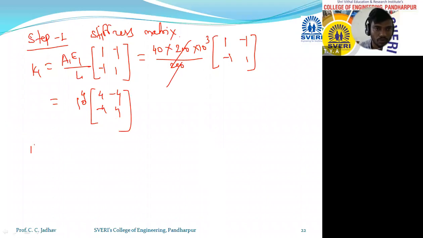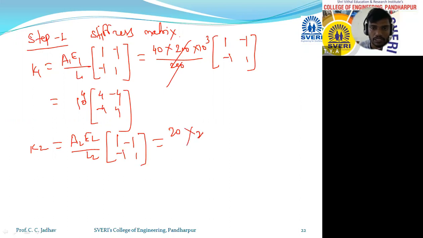So go for the second element, K2 equals A2 E2 by L2 into [1 -1; -1 1]. Put the values: area is equal to 20, then Young's modulus 200 into 10 raised to 3, divided by length 200. ठीक है, into [1 -1; -1 1].